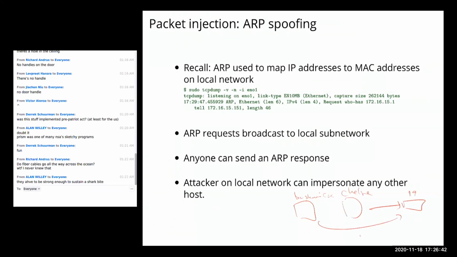On my local network, that's 192.168.1.1. All traffic from my home network goes through this gateway, which is the little router that I have. But what happens if there's an attacker on the network?